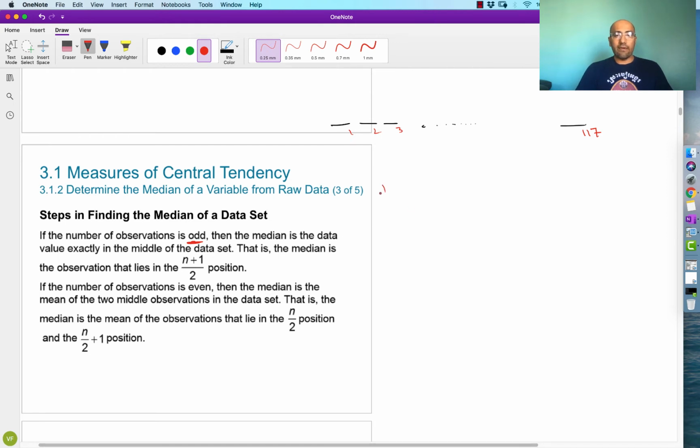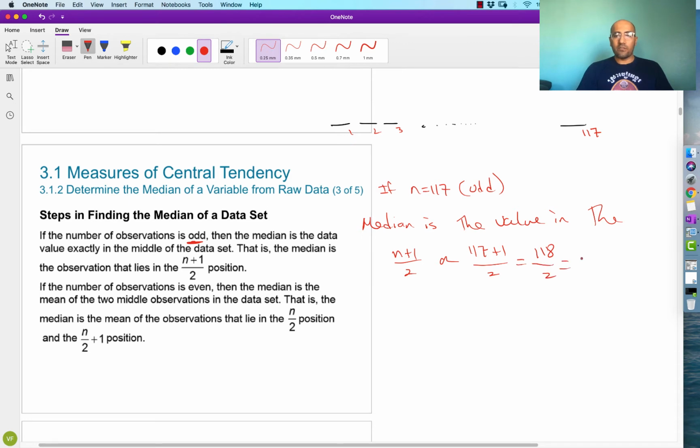So if n equals 117, odd, then the median is the value in the (n+1)/2 position, or 117 plus 1 divided by 2, which is 118 divided by 2, which is 59, right? The 59th spot in my ordered list.